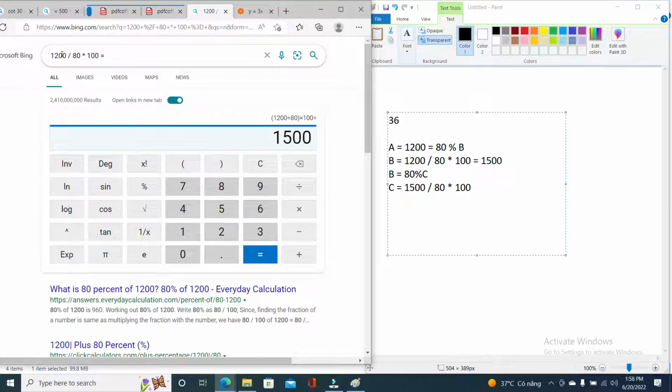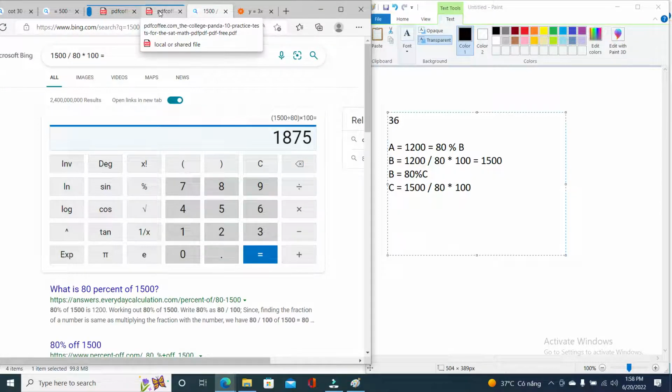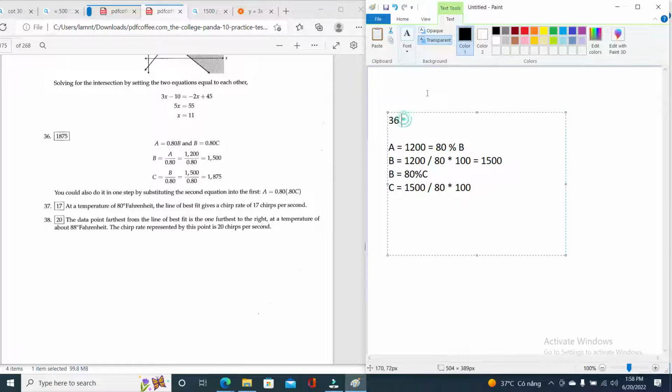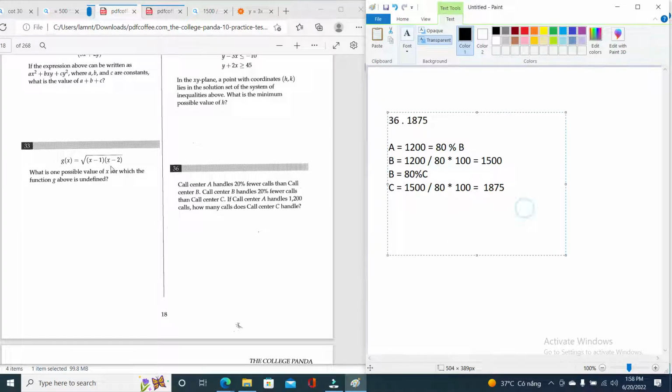Same thing here. 1875. So that's what C is. Okay, so I got this one wrong. Sorry, it's just a little bit of a mistake.